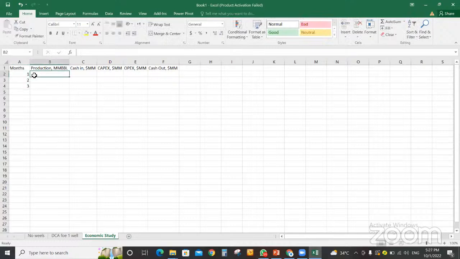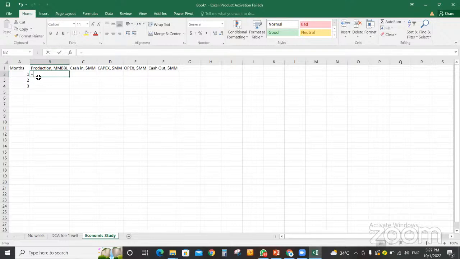So the production, let's assume that the 9 wells will start the production at the same time. Usually we conduct the economic study for a certain period, for 5 years or for 10 years and so on. So we will do the economic study for 5 years, which is 60 months.